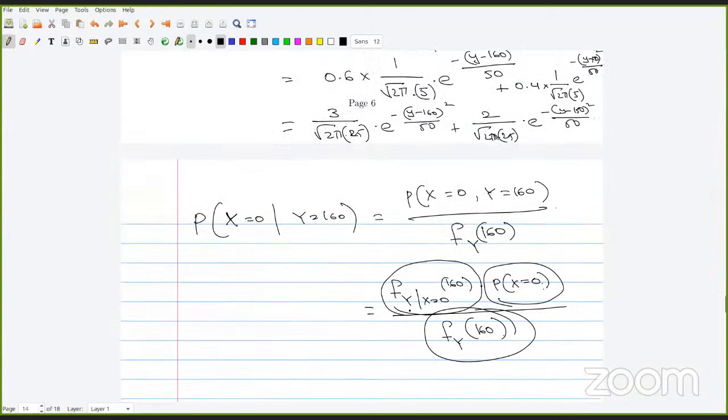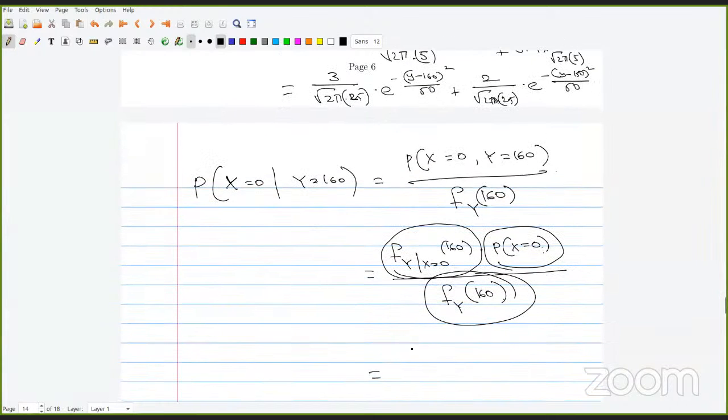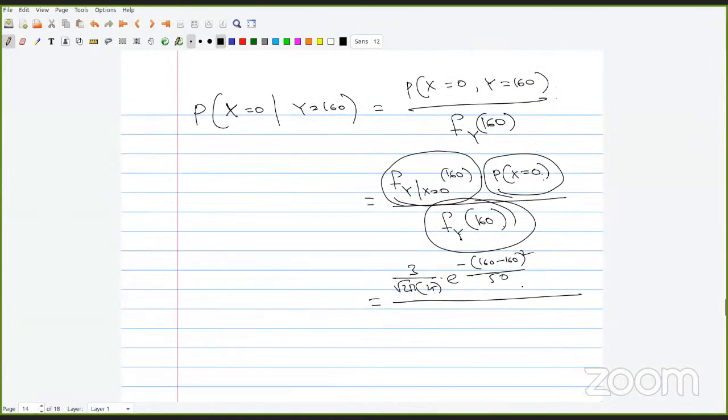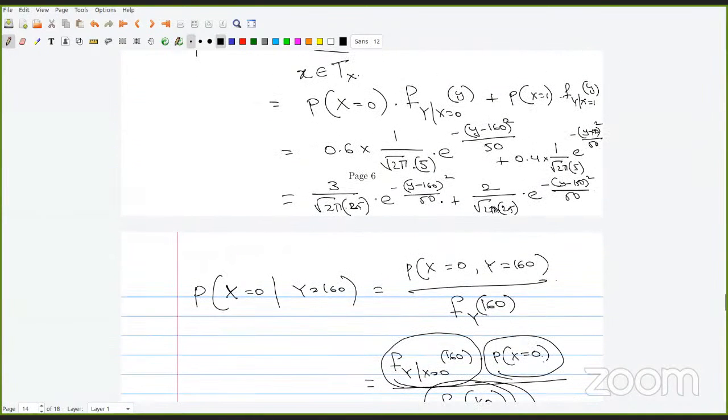It's just the computation. So this is actually 3 by root 2 pi 25 times e to the power minus (160 minus 160) whole square divided by 50, times 0.6 combined, divided by f_Y of y. We need f_Y of 160, so just substitute 160 here.